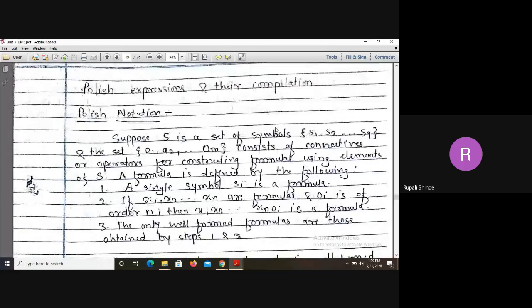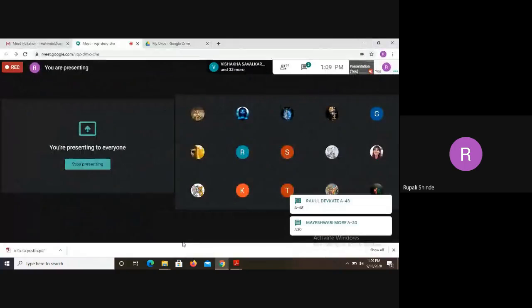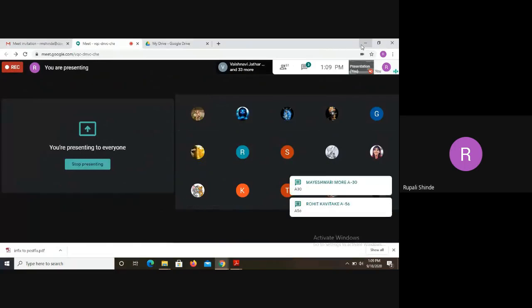Okay, so last lecture we have started with the Polish notations. So what are the different types of Polish notations? Can anybody summarize?